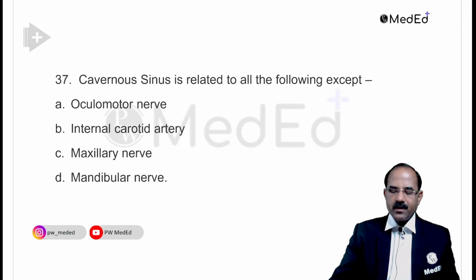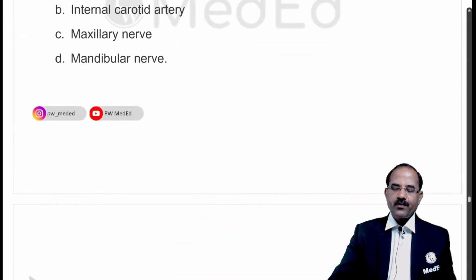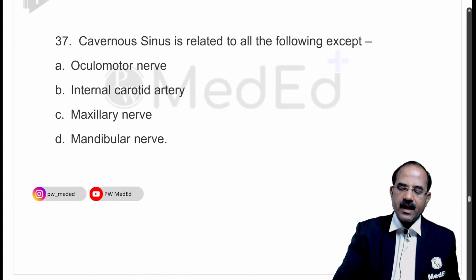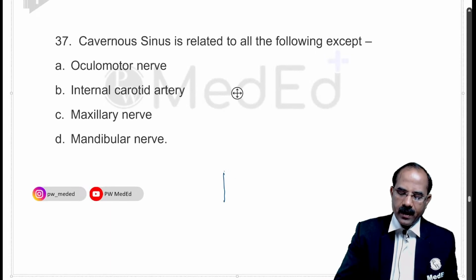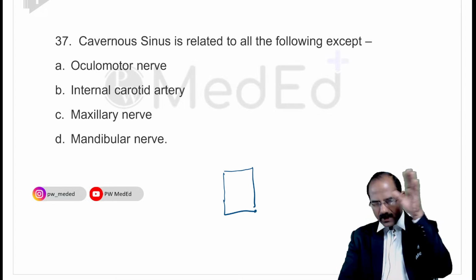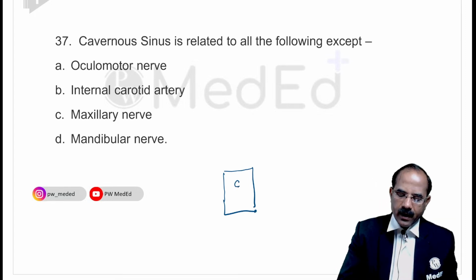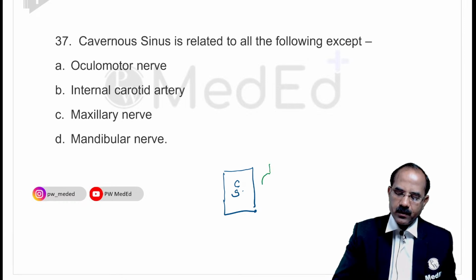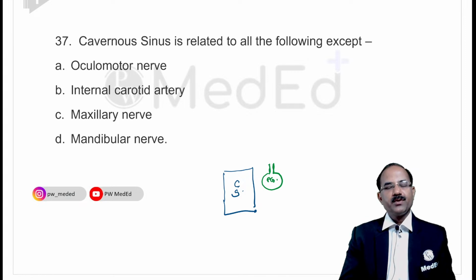Okay, I'll just make a slide of the cavernous sinus for you, students. Very important MCQ. Look, I make this as the cavernous sinus. This is the cavernous sinus of the left side, your left side in your body. Who is medially related to the cavernous sinus? What is this structure? In the medial wall of the cavernous sinus, that's the pituitary gland.